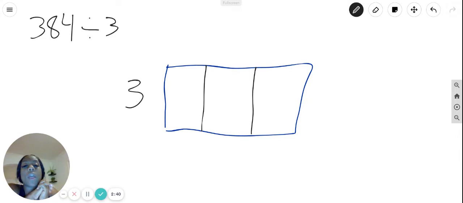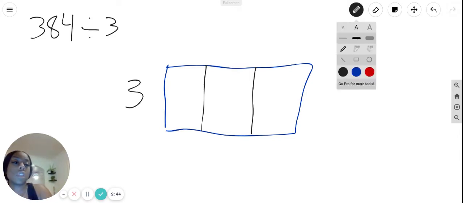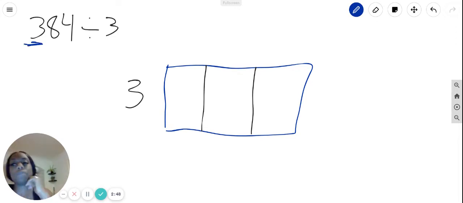So we need to figure out how we're going to do that. First thing we're going to do is look at the hundreds place. What times 3 can give us 100? Remember, you can use multiplication to work out division problems because of their relationship.